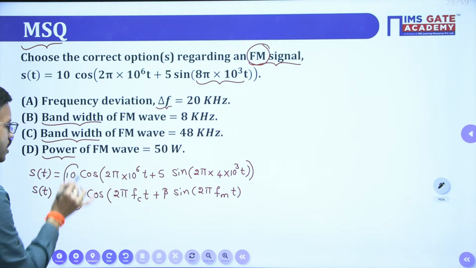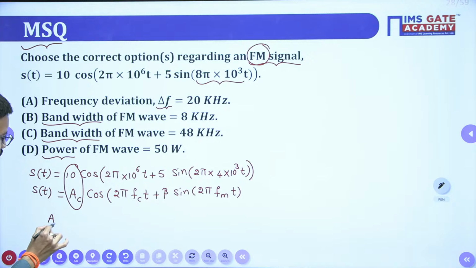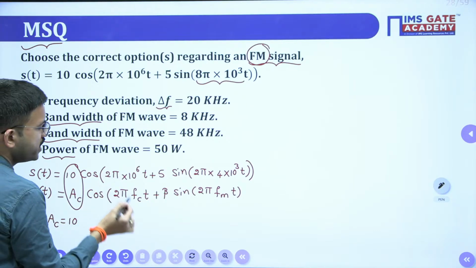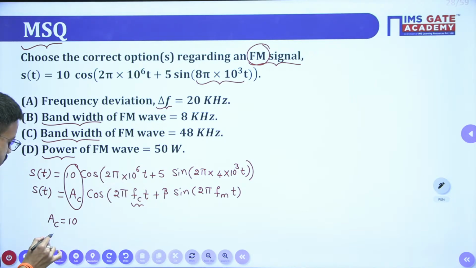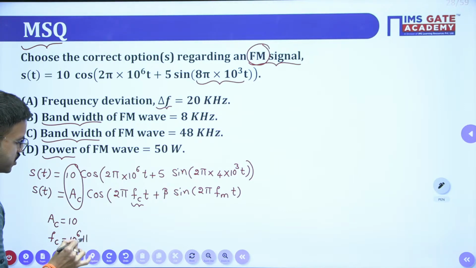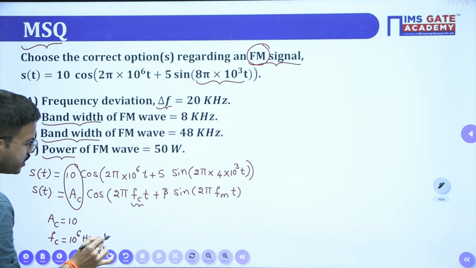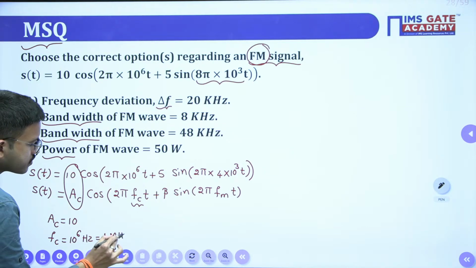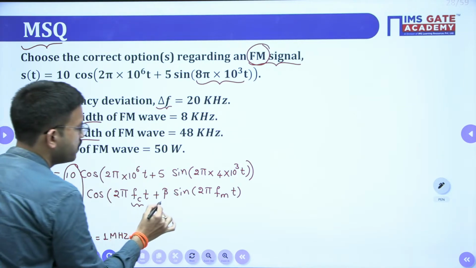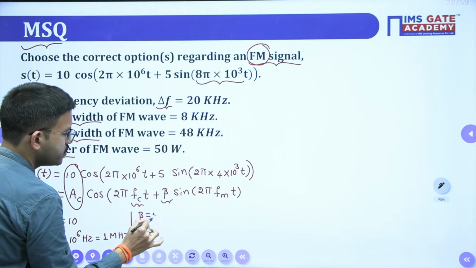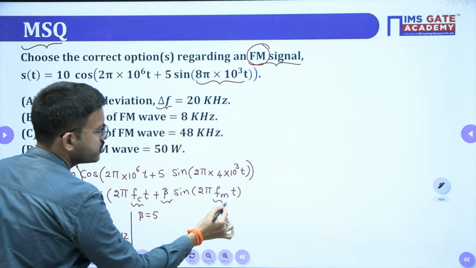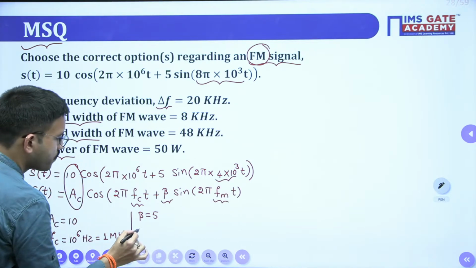From there you will come to know Ac value is 10. Next, fc is 10 power 6, units are hertz, so that is nothing but 1 megahertz. Next, beta value is 5. Then fm value is nothing but 4 kilohertz.